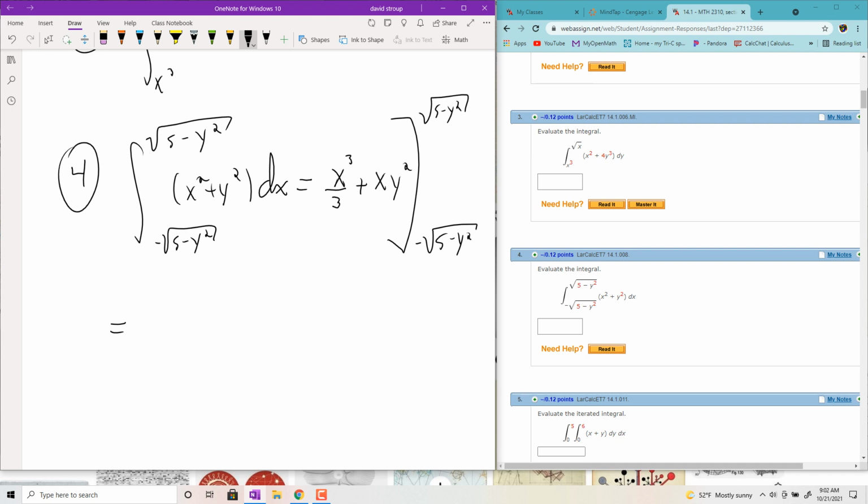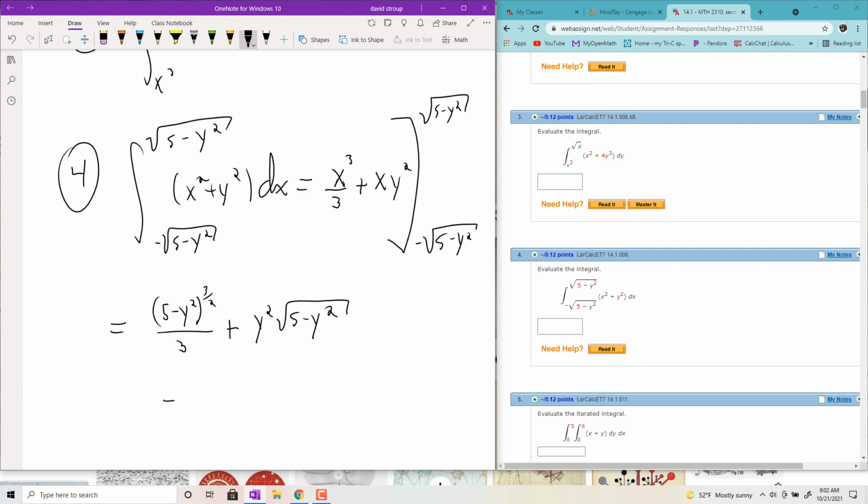Plugging in the top, we get 5 minus y squared to the 1/2, cubed. So that's going to give me 5 minus y squared to the 3/2 over 3, plus, plugging in for x, y squared times the square root of 5 minus y squared.